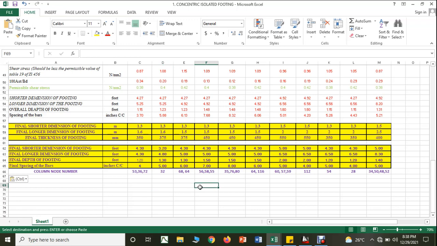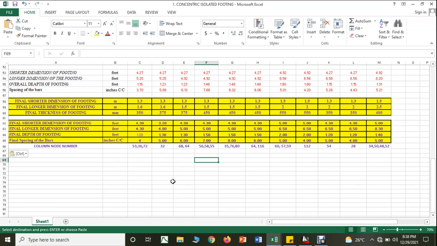How? Let us make 3 or 4 sets of footings. So what are those sets? I'll just write it here. This is my first set. For the first set, I will make the shorter dimension 4.30 and the longer dimension 5 meters, 5.0. So this is my first set of footing, with a shorter dimension of 4.30 and a longer dimension of 5.